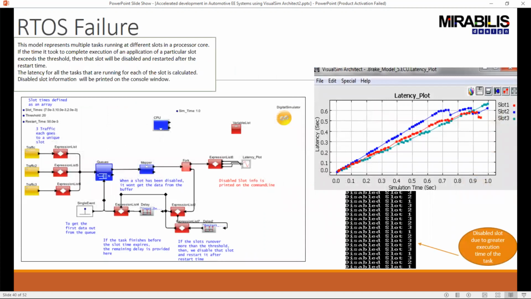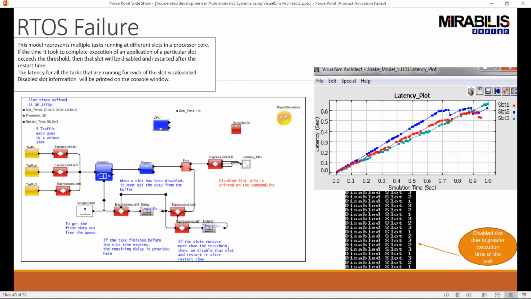Now we look at RTOS failure. So here we are looking at the RTOS failure. We have 3 tasks running on 3 different slots, and we must make sure that each of the tasks being run on the RTOS stays within the allocated time slot.